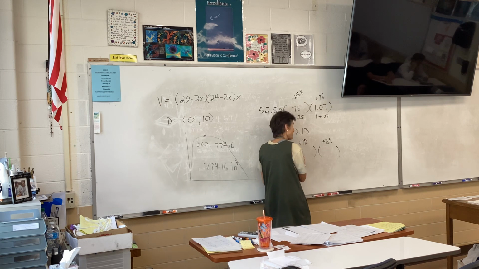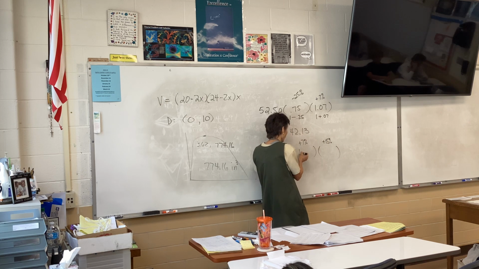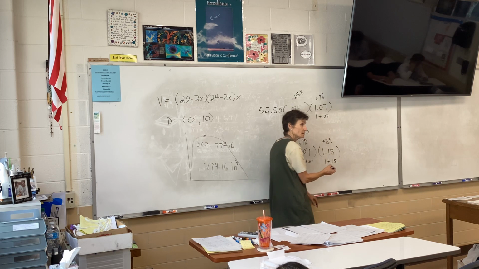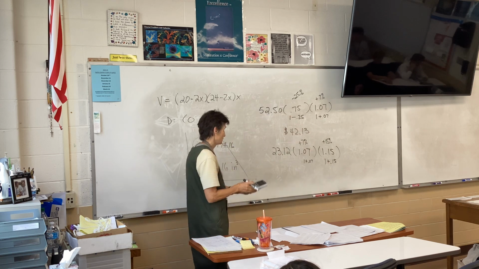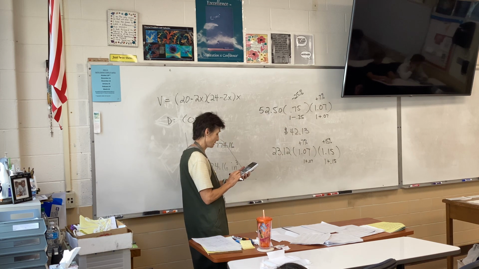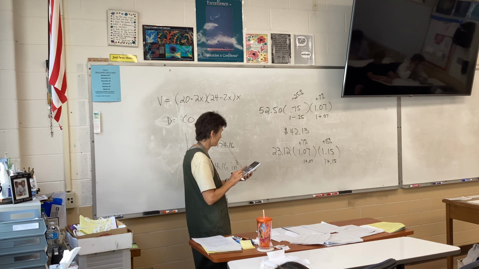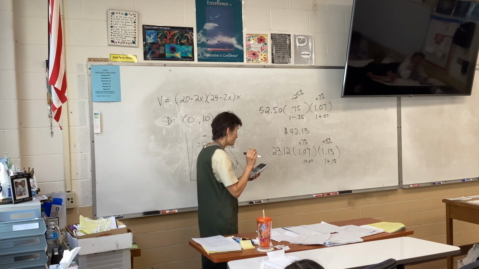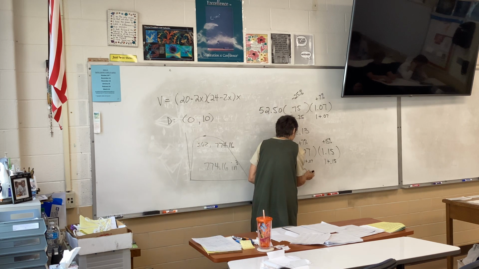What am I going to multiply by here if there's a 7% add-on? 1.07? 1 plus 0.07? And what about a tip? 1.15, 1 plus 0.15? That's okay. Doesn't matter. Oops, I've got to type in the right number. $28.45, is that right?